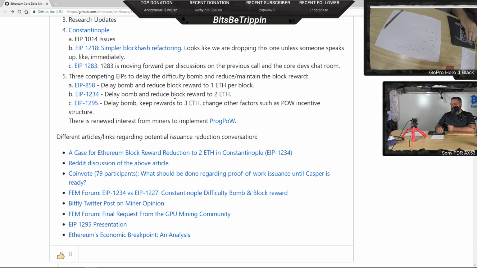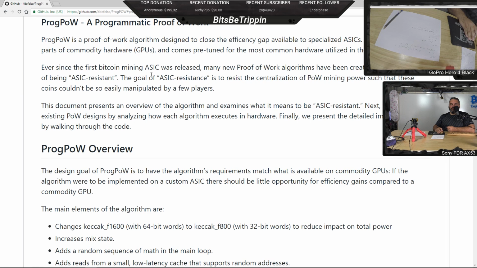So these three EIPs do not include any kind of proof of work adjustment. That's a separate item down here that they brought up in the discussion during this part of the agenda, which was to implement ProgPoW, which we've covered before on this channel.